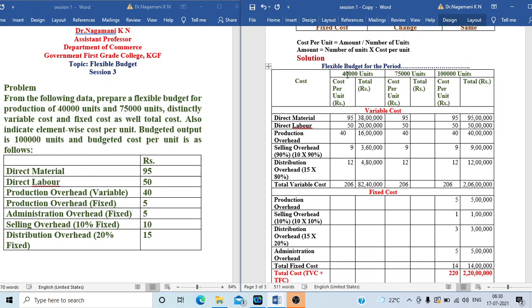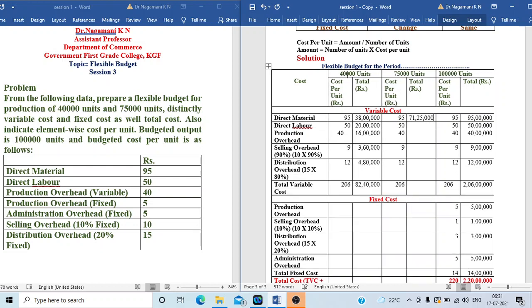Cost per unit is 95 and number of units is 75,000 for direct material. Multiply, we will get 71 lakh 25,000. Next for direct labor, 50 into 75,000, 37 lakh 50,000. Then production overhead, 40 into 75,000, 30 lakhs.